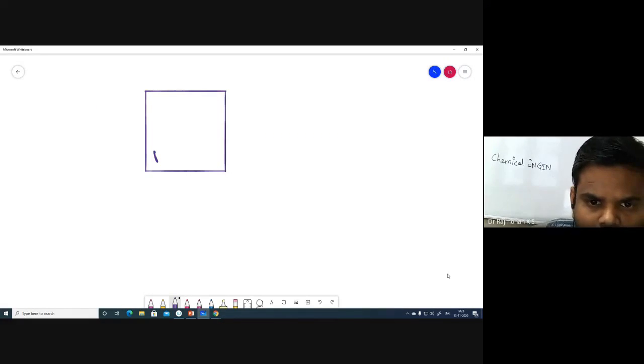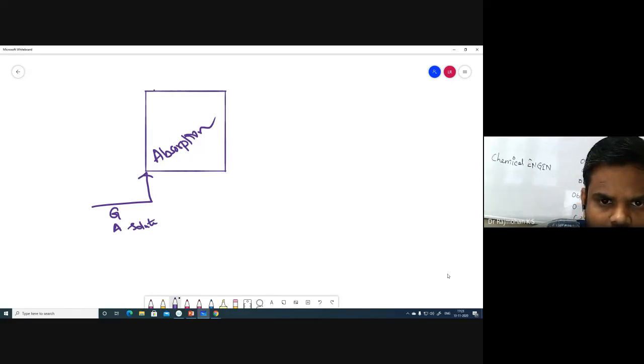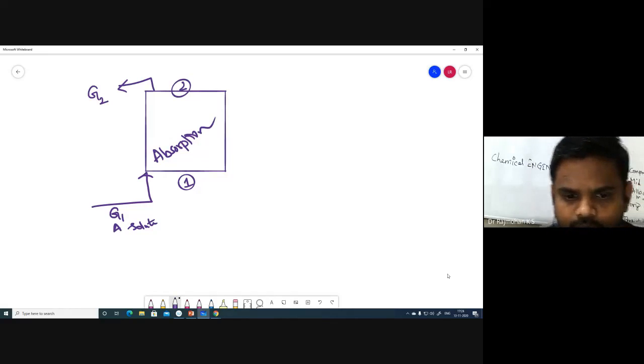Okay, we have an absorption column. We have gas stream G with solute A entering, and a gas stream leaving. Let it be 1 and 2. So G1 is the gas flow rate entering, G2 is the gas output.